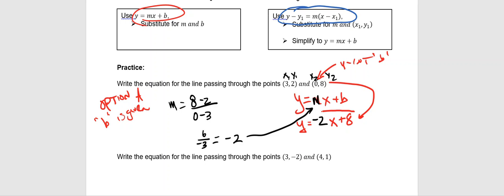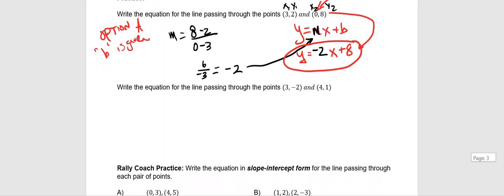And that's it. We're done. Quick and easy. So when we're lucky enough to have one of the ordered pairs provided to us as the y-intercept, we quickly find the slope, which we've done. And then we just substitute that solved slope along with the given b value from our y-intercept and be done with it in slope-intercept form.